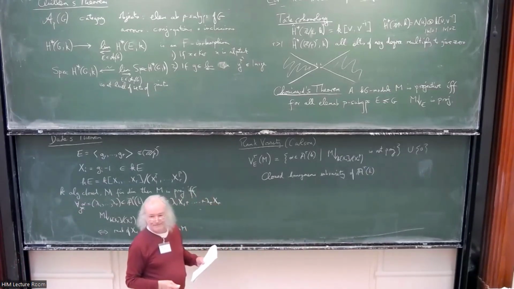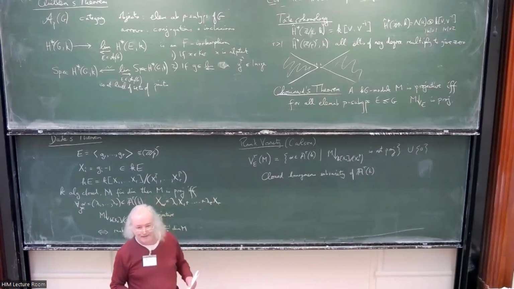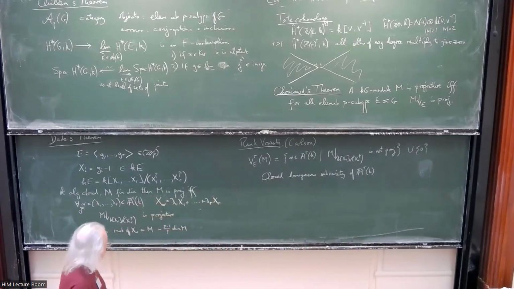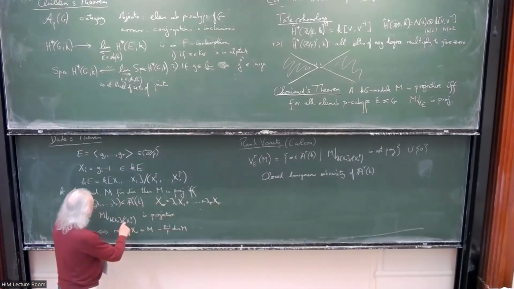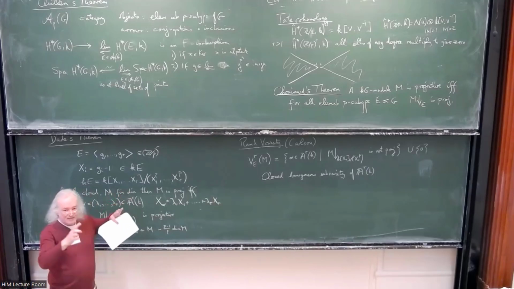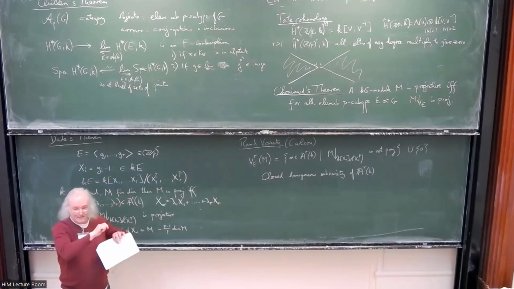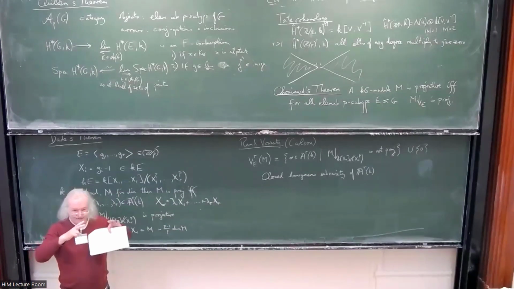A question? I didn't get why it's homogeneous. Each of these x_i is represented by some matrix, and I'm taking linear combinations of those and then taking a determinant.